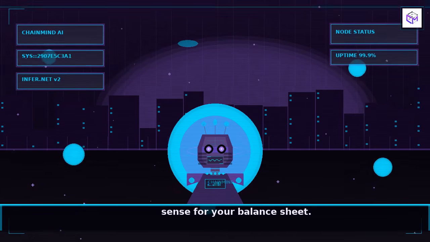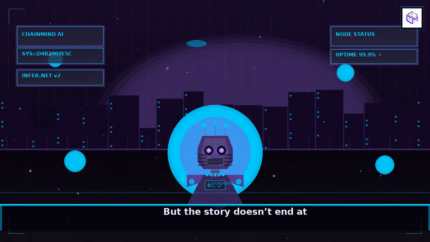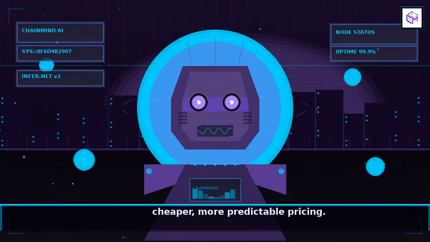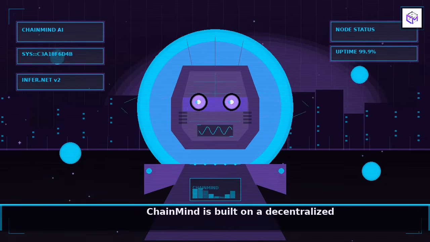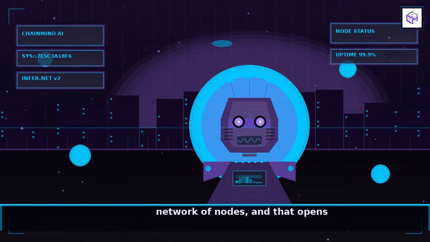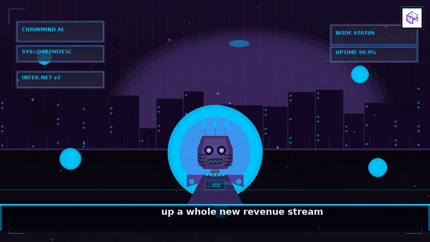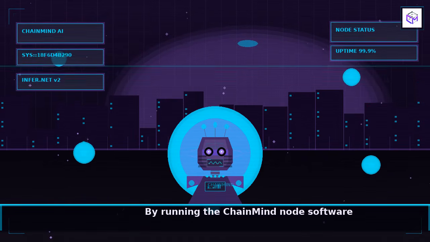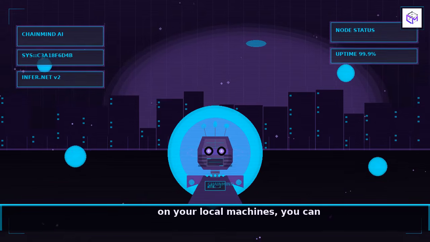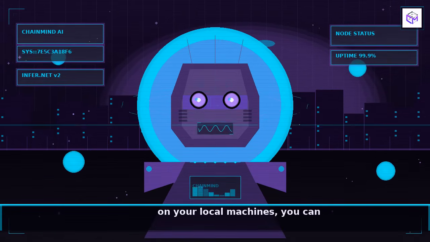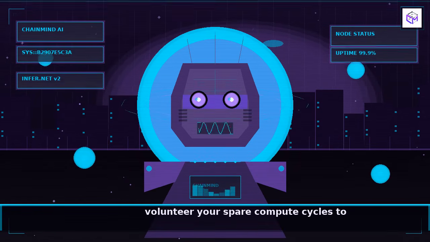But the story doesn't end at cheaper, more predictable pricing. ChainMind is built on a decentralized network of nodes, and that opens up a whole new revenue stream for developers. By running the ChainMind node software on your local machines, you can volunteer your spare compute cycles to process AI inference jobs for the network.